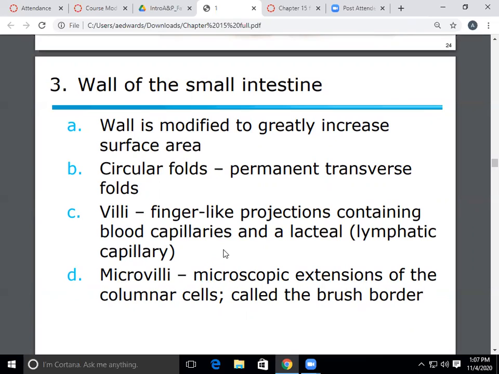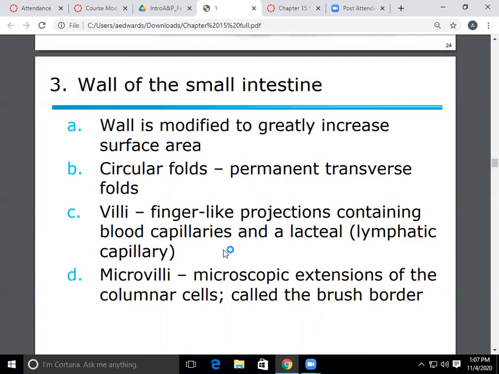So, more about the small intestine. The wall of the small intestine has gone through certain modifications so that it has more surface area, again for more absorption. You have circular folds, and these are permanent and transverse, more cross-sectional.